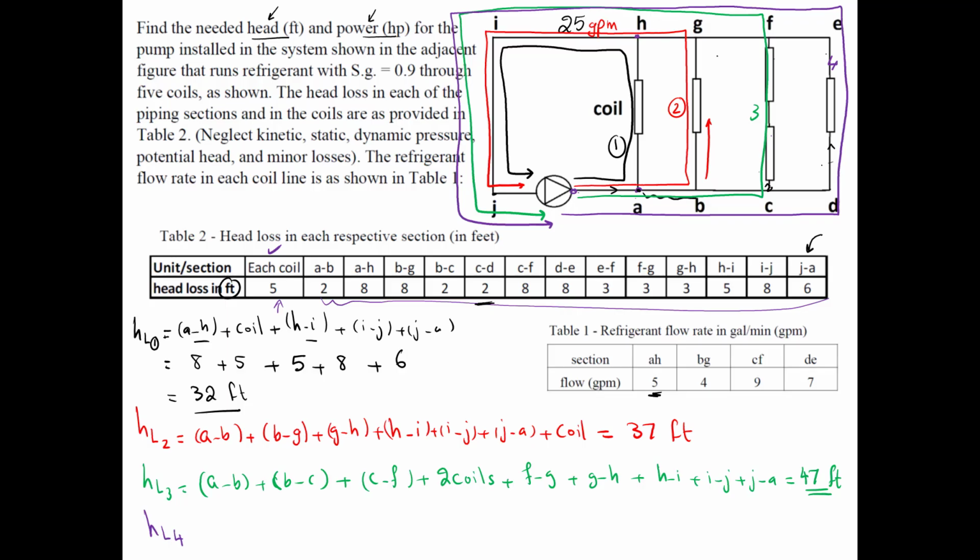CD and EF, that's 5, and the additional coil in the third, it's 5. I'm saying this because head loss 4 would also give me 47 feet. Let's keep it in purple.